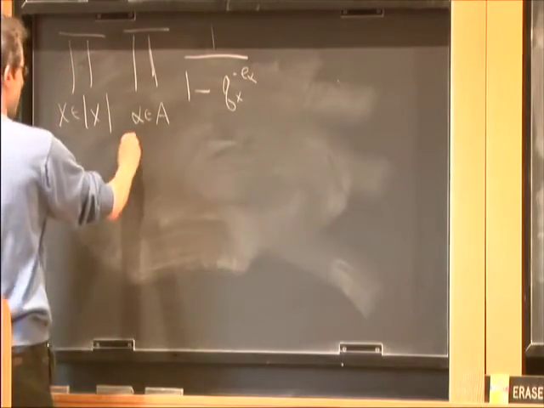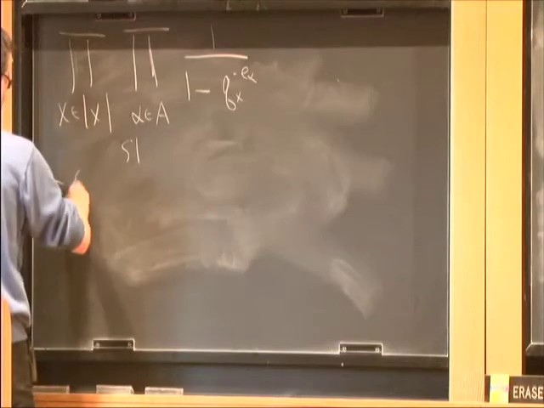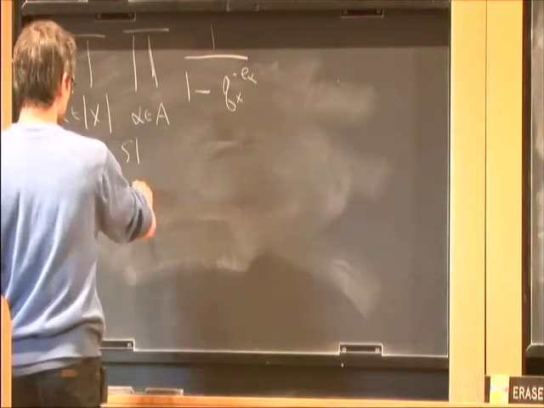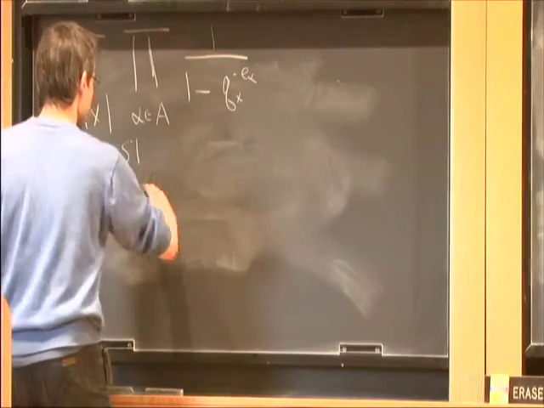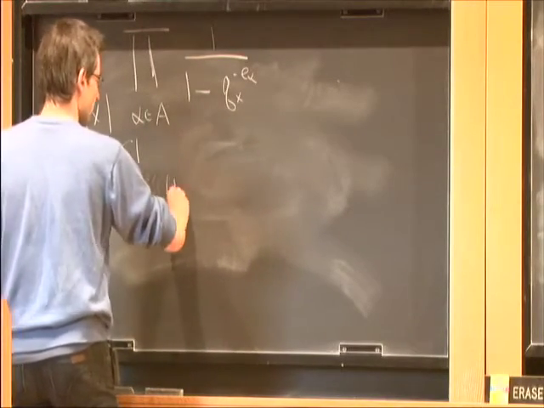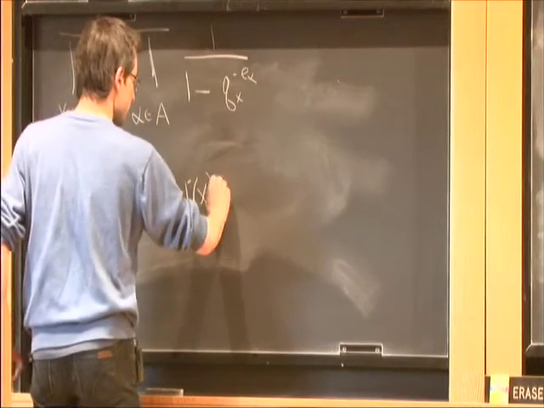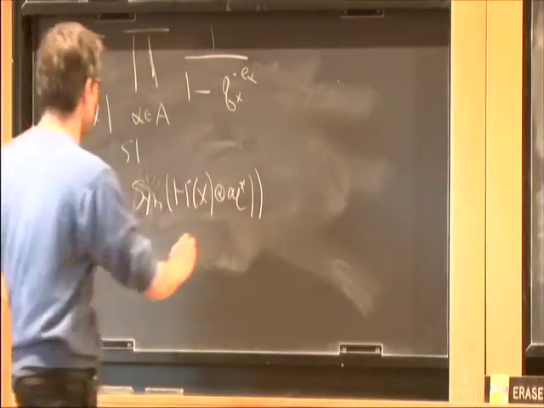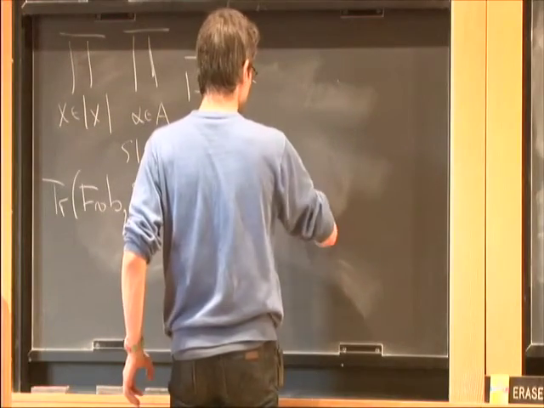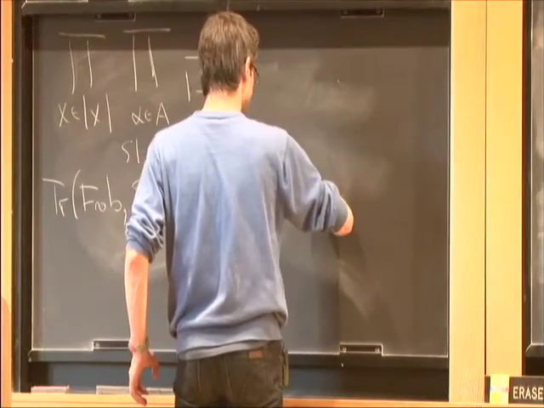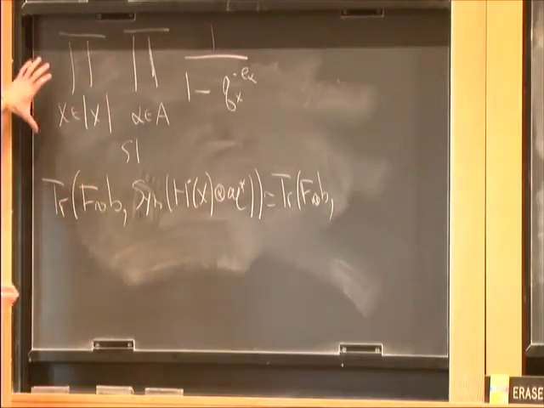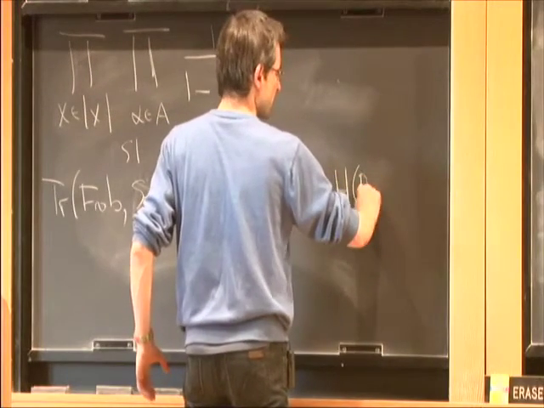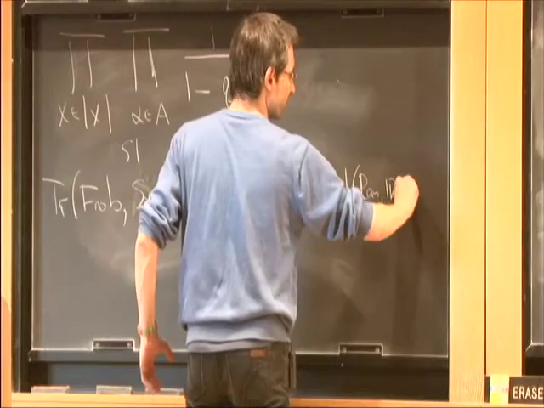Then we interpreted this as the trace of the Frobenius on the symmetric algebra on the cohomology of the curve times this. And then we said that this is the same as the trace of the Frobenius, again modulo some overall factor, on the homology on the Ran space of this dA bar.